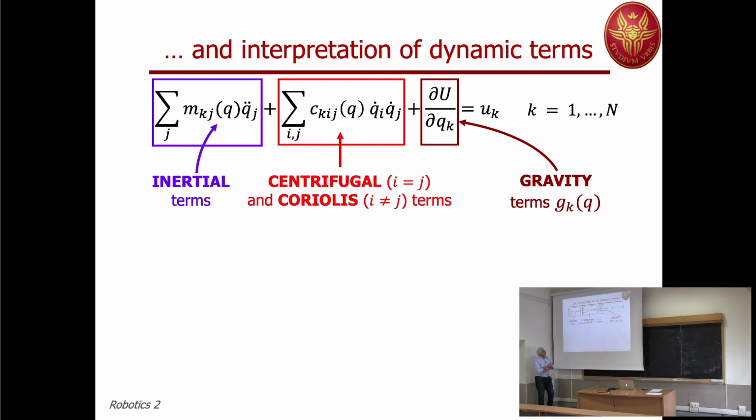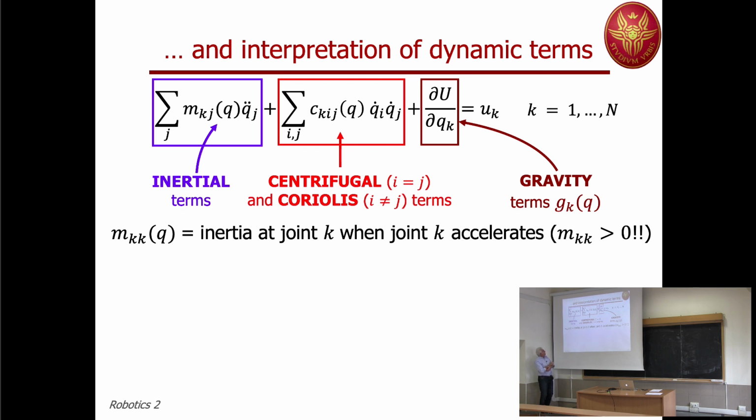So now, what are the terms that appear here? If you look, for instance, at a diagonal element in the inertia matrix of our robot, so m_kk in equation k, then this will be the inertia that the whole structure contributes on joint k when only joint k is accelerating.